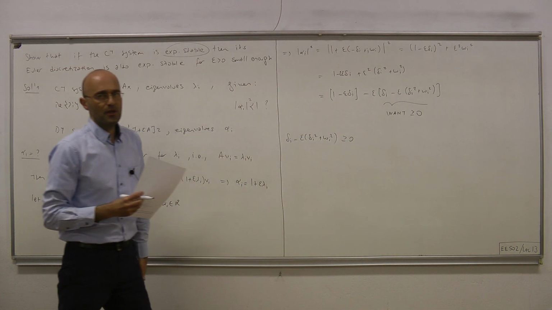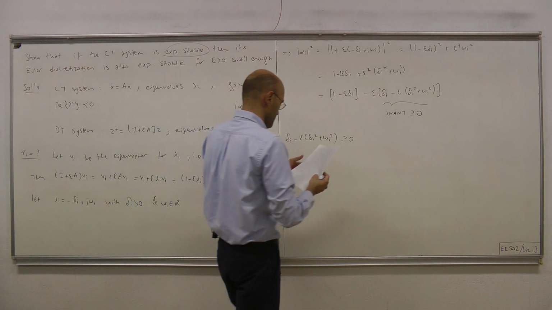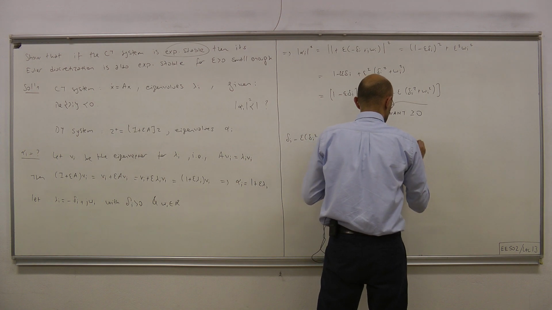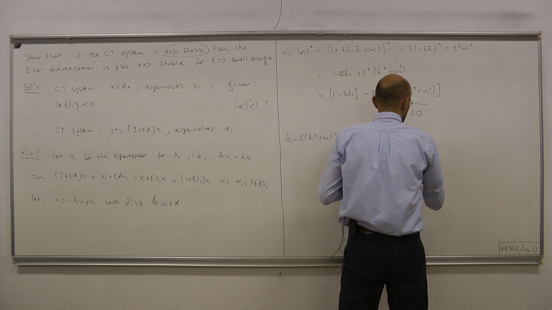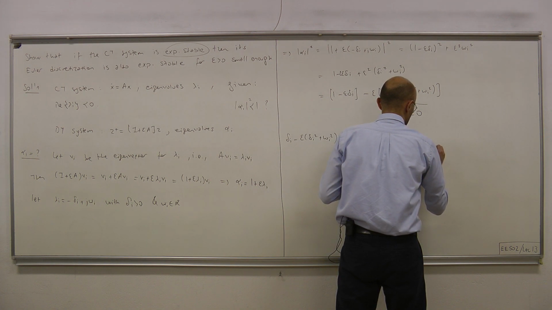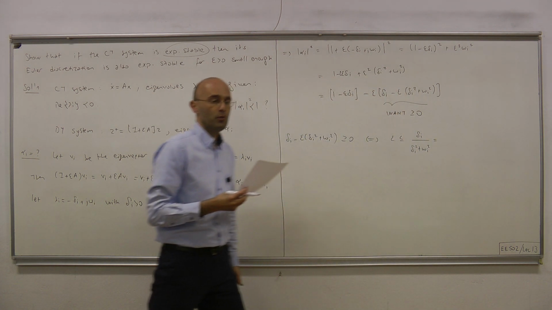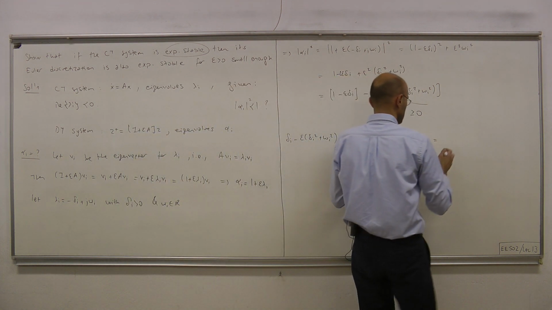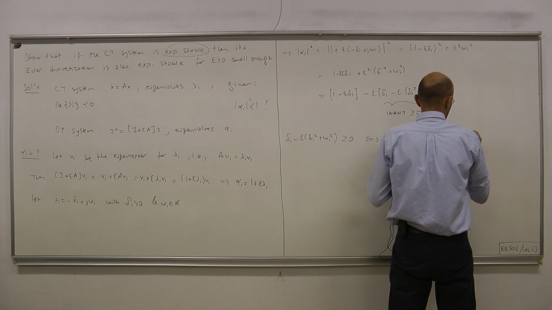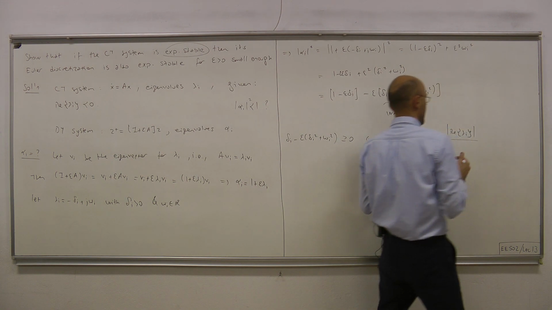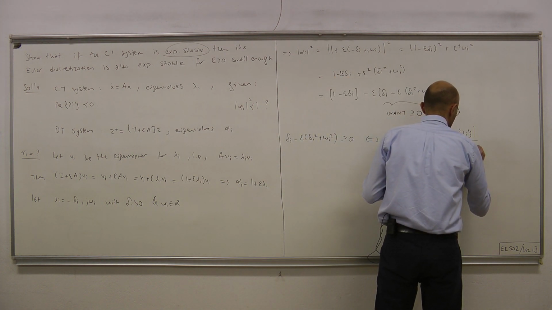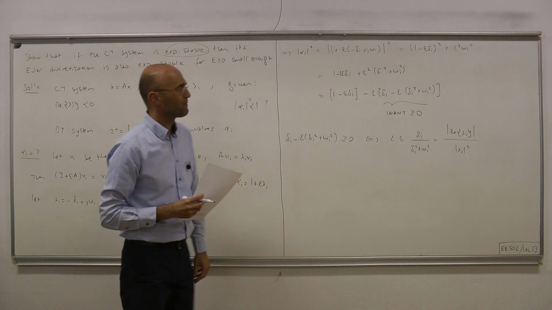Okay, so we want this to be positive, and that's equivalent to epsilon being smaller than delta I over delta I square plus omega I square. Okay, which equals real part of lambda I magnitude divided by lambda I magnitude square.